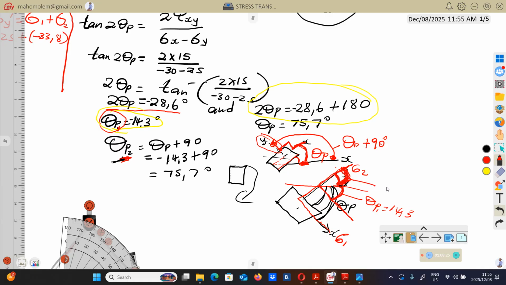So this one obviously is going to be 90 minus 14.3, which is 75.7. So 75.7 degrees is the angle from this x to this stress, from this x line to that stress.